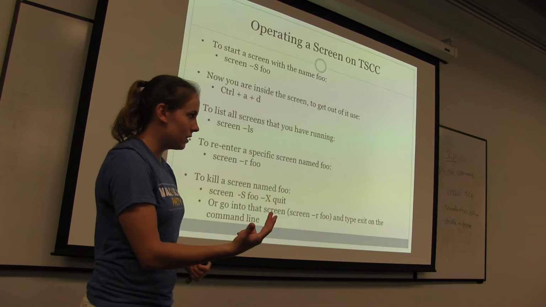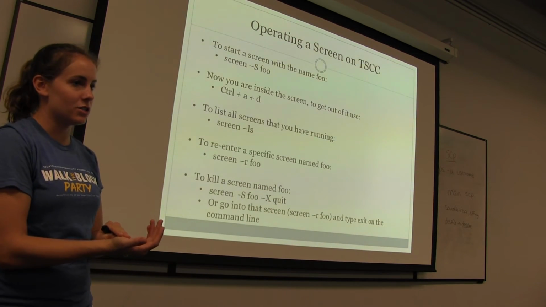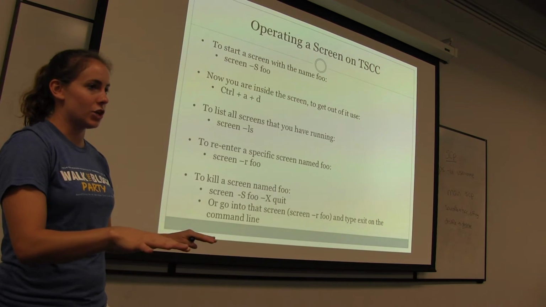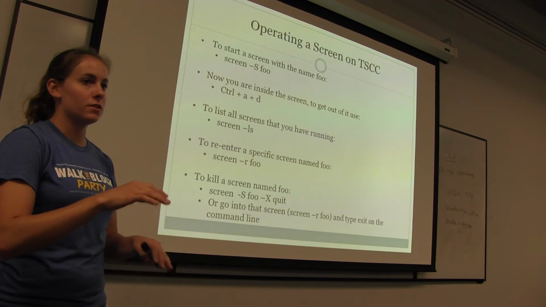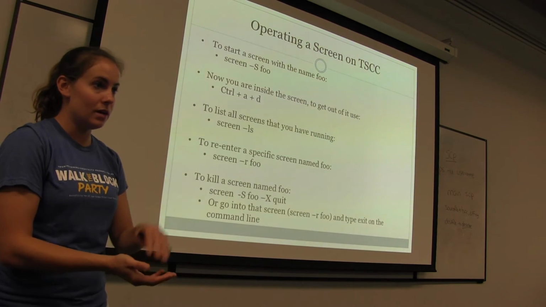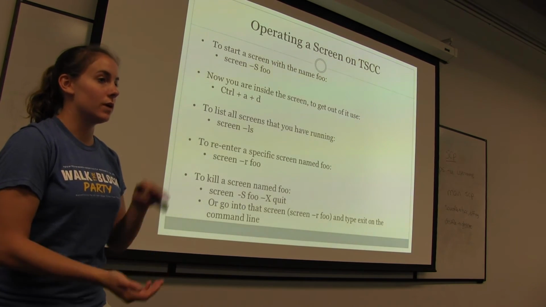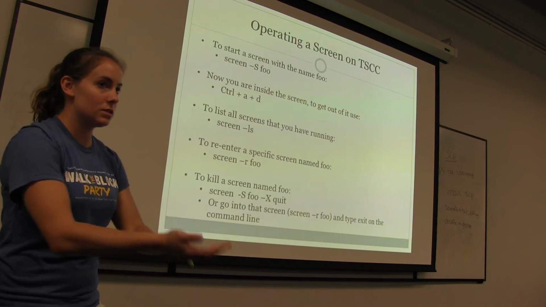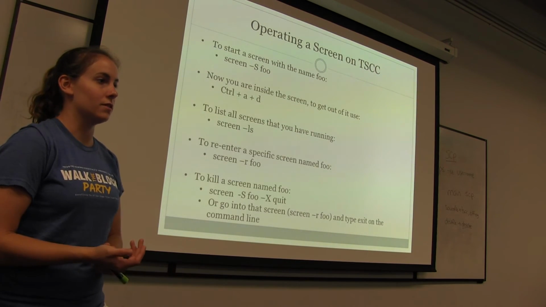But if I lose my internet connection, I'm going to stop the job and it's going to be really annoying. So if I first start a screen and then run that command in the screen, it's going to continue running no matter what. I can close my computer and it will still be running. It doesn't matter if I lose my internet connection.